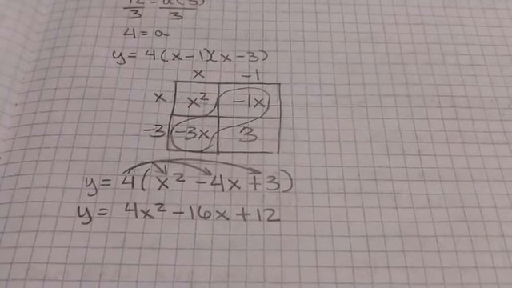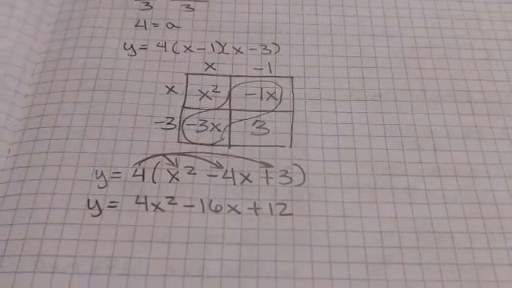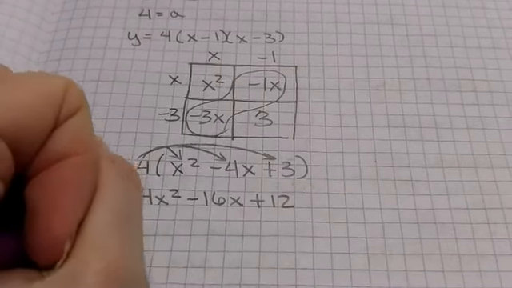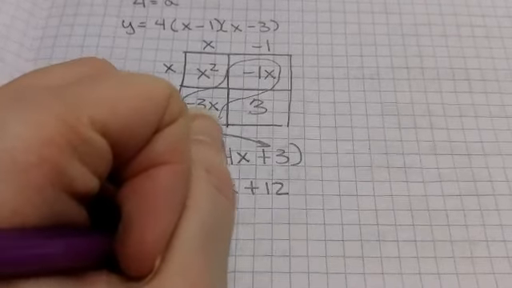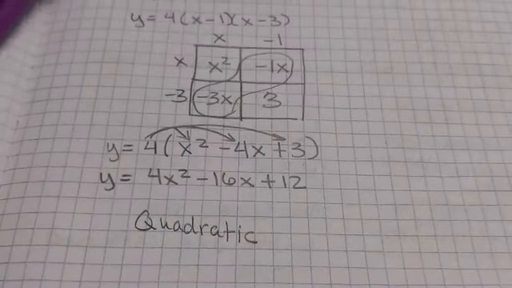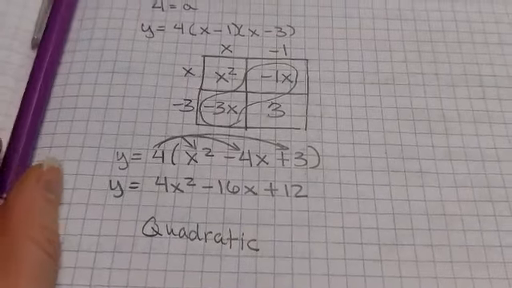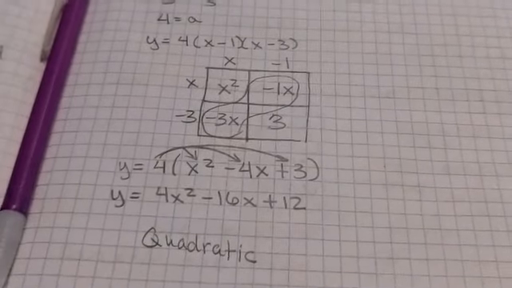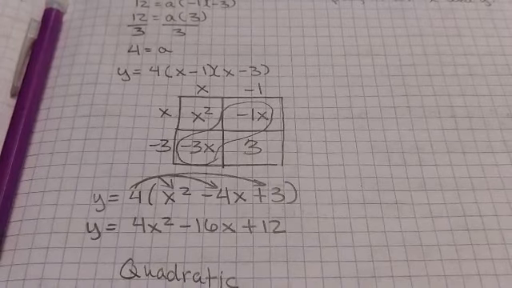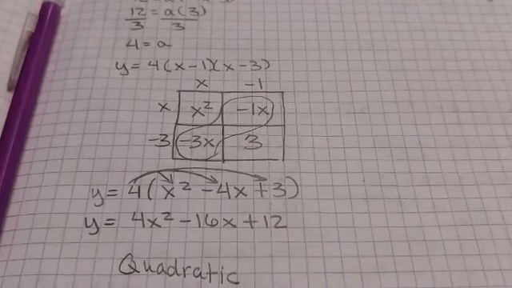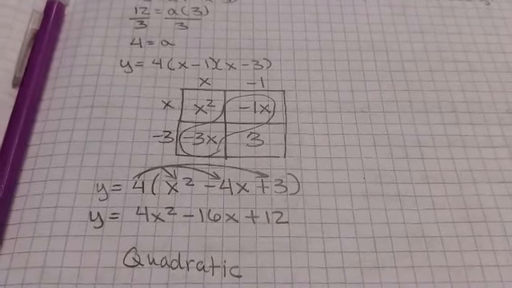So we came up with our final answer, and this was quadratic. So hopefully now you can tell from a graph whether it's going to be linear, exponential, or quadratic.